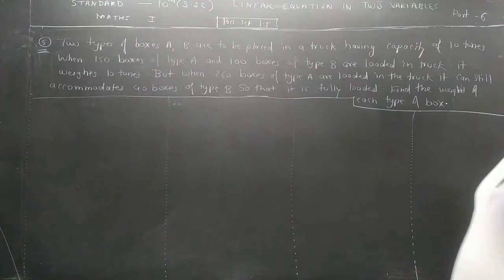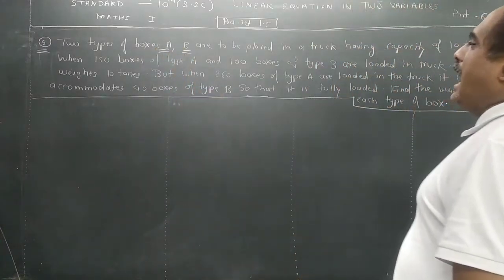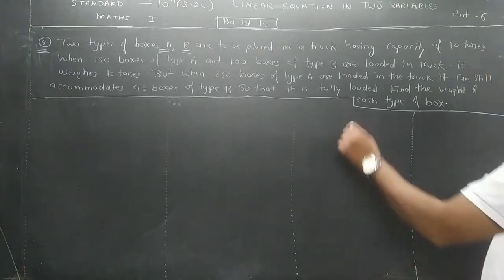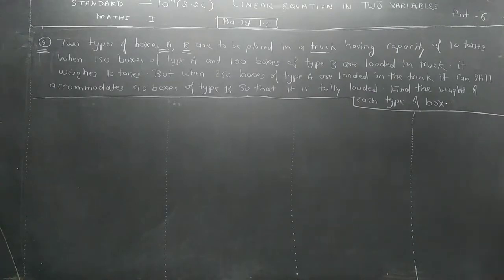Two types of boxes are there. Box A and box B are placed in a truck. एक ट्रक है उसपे A तुम्हें प्लेस करना है.